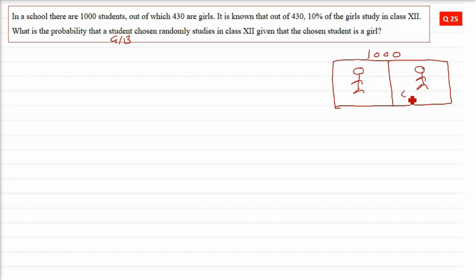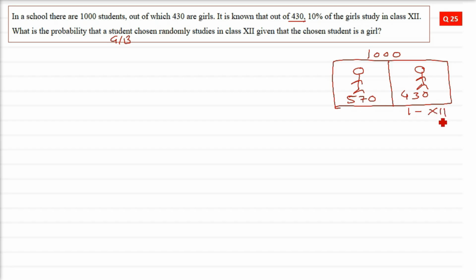430 girls are being told are present or exist in the list. 570 are the boys. We don't have to worry about the boys because the question is all about the girl probability. Now the second thing which is being told is out of these 430 girls in all, 10% of the girls study in class 12.